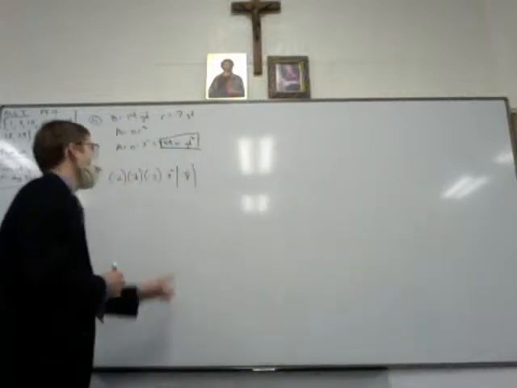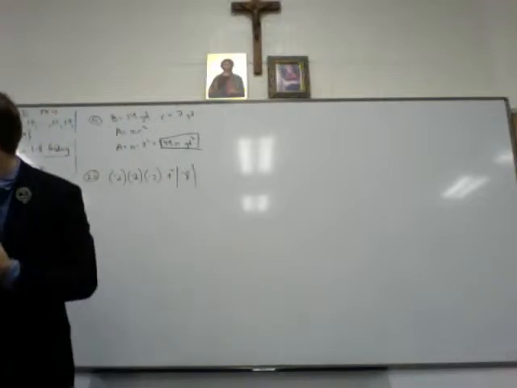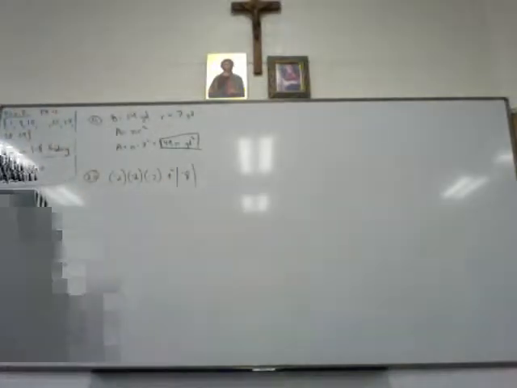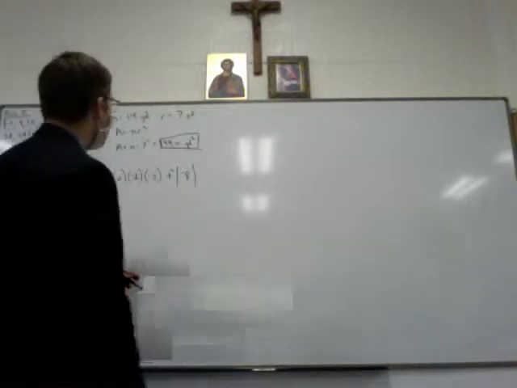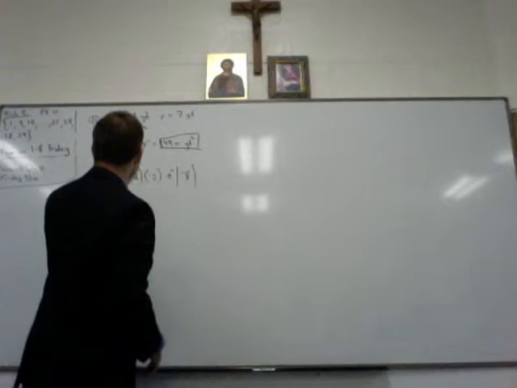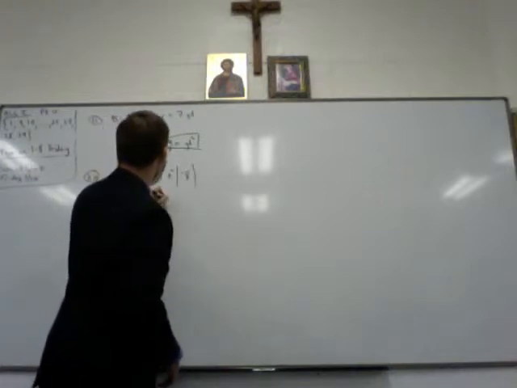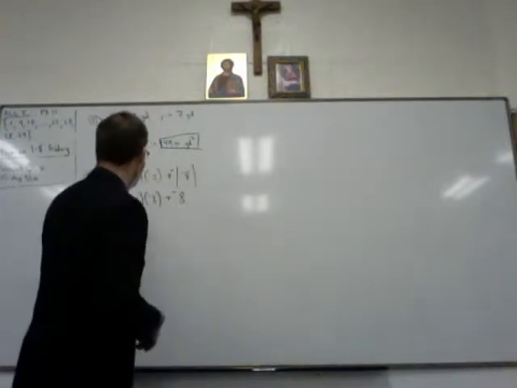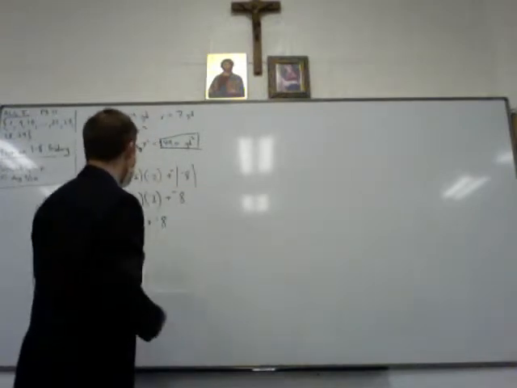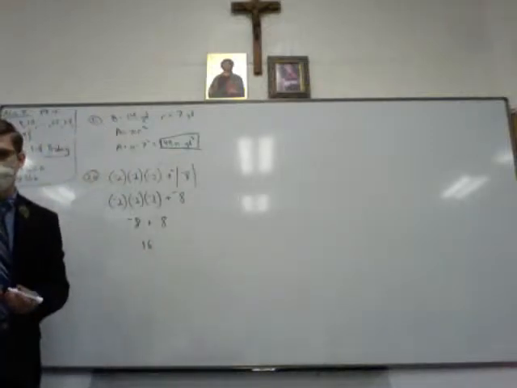So after we rewrite the subtraction as addition of a negative, we should actually do the pipes first. So first we do parentheses, then multiplication, and then addition and subtraction. Okay, following the order of operations.